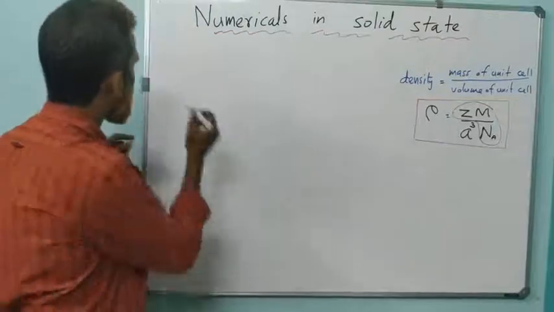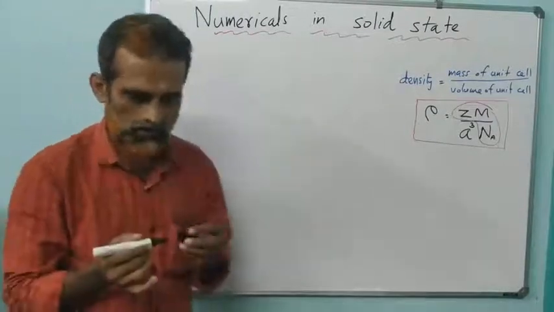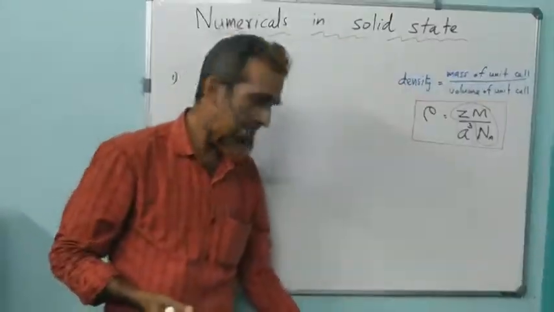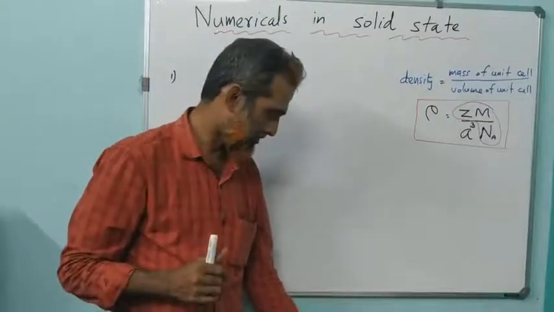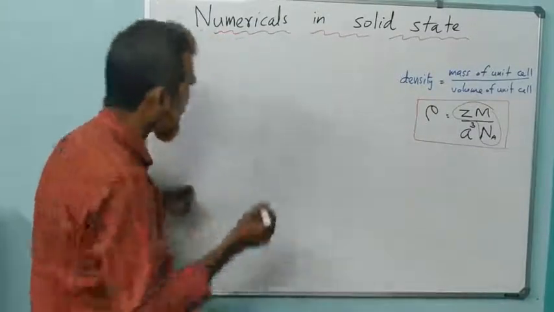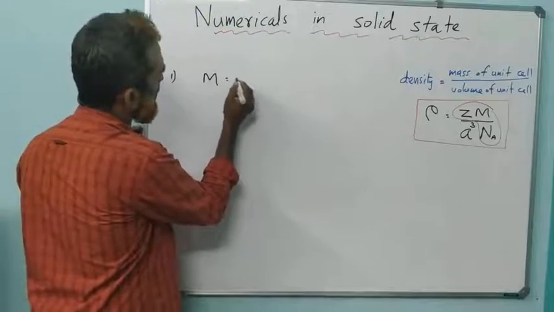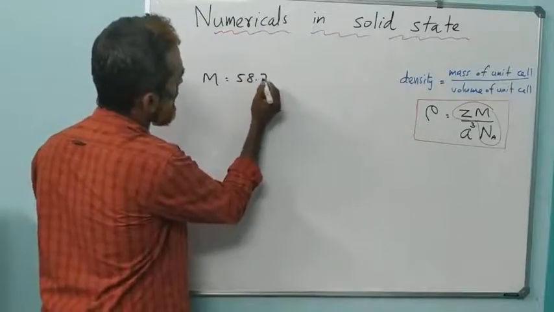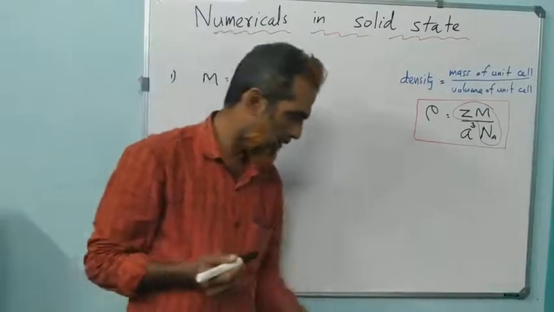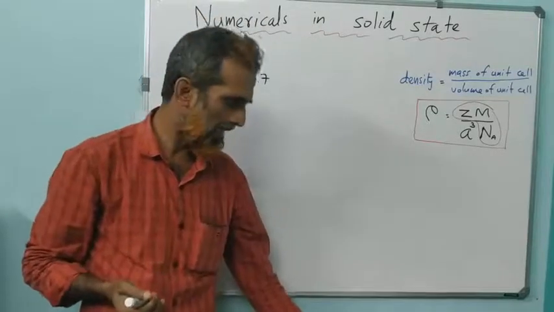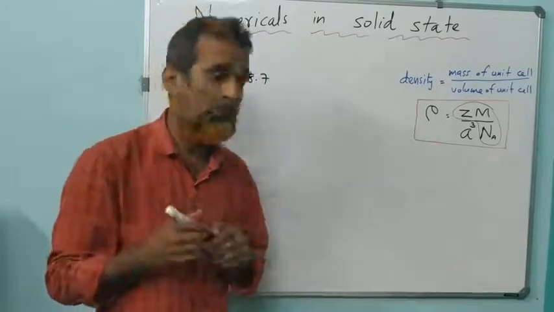The first one, you may take down the question. Nickel crystal. Atomic mass is given as 58.7, so molar mass is 58.7, the atomic mass of nickel, and it has an FCC lattice.